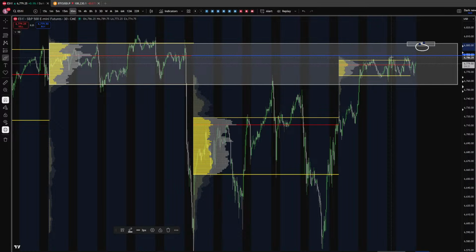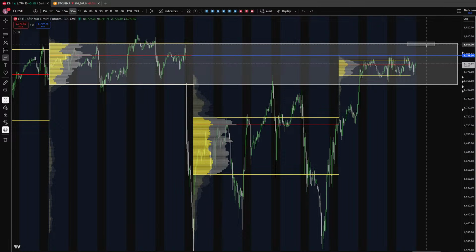But one would generally expect a move into the value area high, and from there one can assess: are we dropping and revisiting the value area low for another test, or can we break out and keep pushing higher?